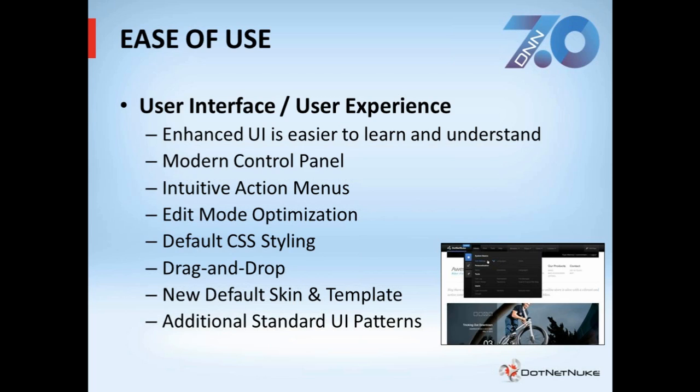In DotNetNuke 6, we introduced a lot of new standards around form patterns, trying to create consistent user interface paradigms that module developers could utilize so that when customers are using different third-party modules, at least the experience that they get is going to be consistent across many modules. We introduced some of those patterns in DotNetNuke 6, and we've introduced more patterns in DotNetNuke 7, which developers can take advantage of, which really help build a more cohesive story around the overall platform.